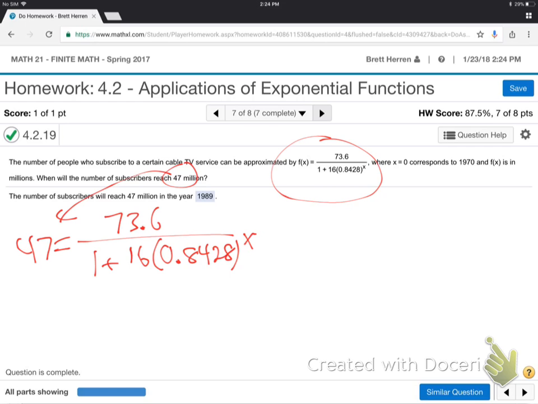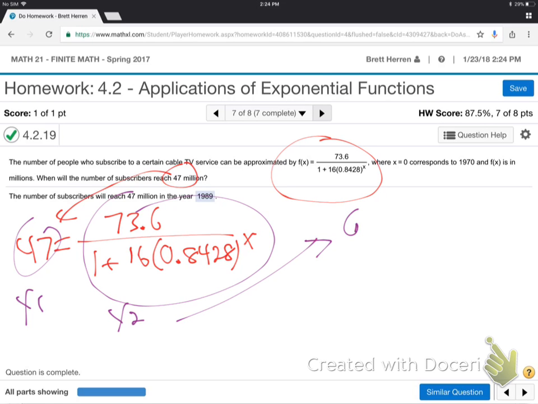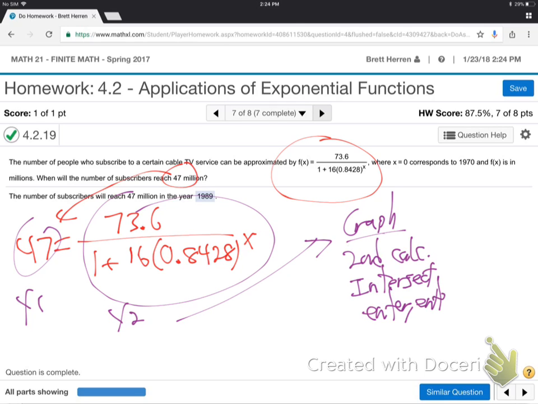So I have to solve that equation. You're going to definitely need the graphing calculator here. So I'm going to make this side y1, this side y2, graph, and do the second calc intersect thing. Graph, second calc, intersect, enter.